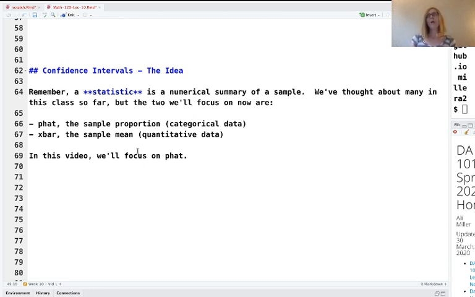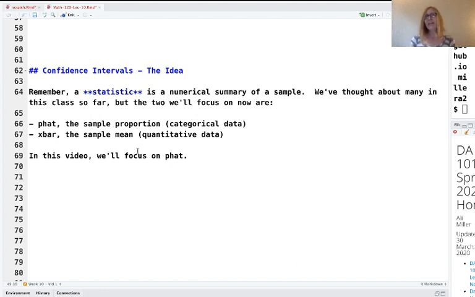You guys remember, a statistic is a numerical summary of a sample. We've got sample data, we can summarize it in lots of different ways, and we've seen lots of different statistics in this class. They're important, of course, because the name of this class is statistics. We're really going to continue to focus on two statistics in particular for the rest of the semester. First, if we're talking about categorical data, then the statistic we want to think about is a proportion, p hat.